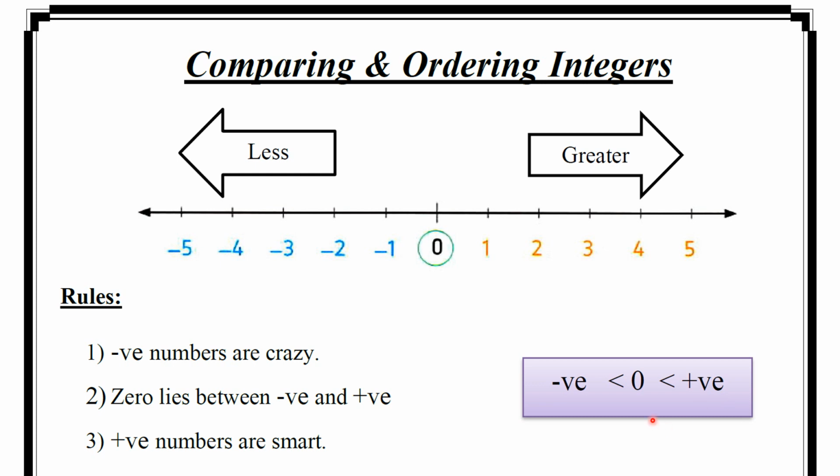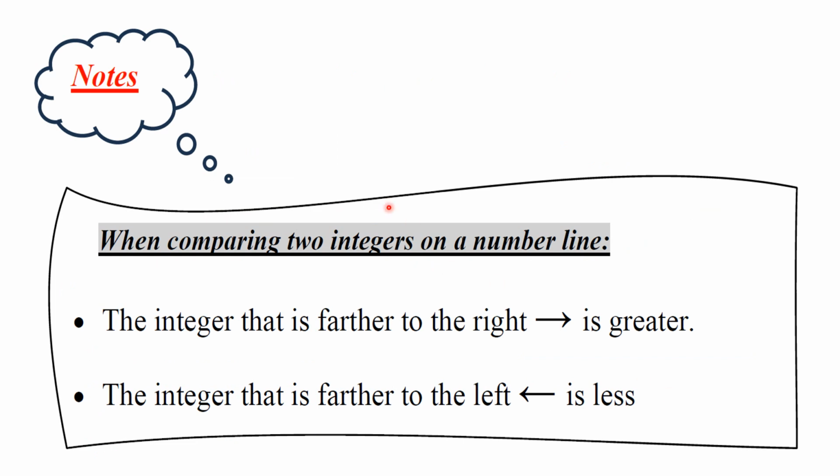And also we have to know the 0 is bigger than all the negative numbers, but the 0 is smaller than all the positive numbers. Here we have to note that when comparing two integers on a number line, the integer that's farther to the right, it's greater. The integer that's farther to the left, it's less.